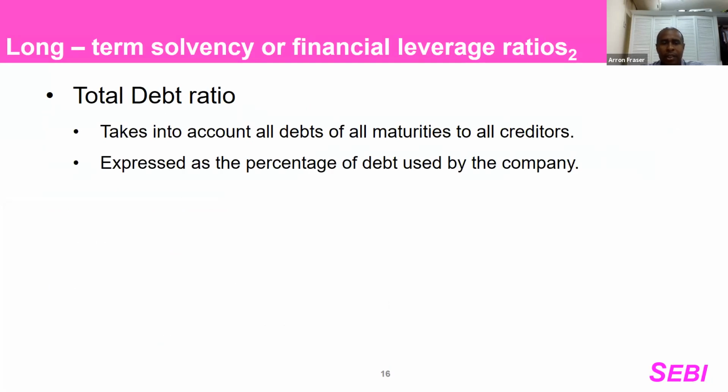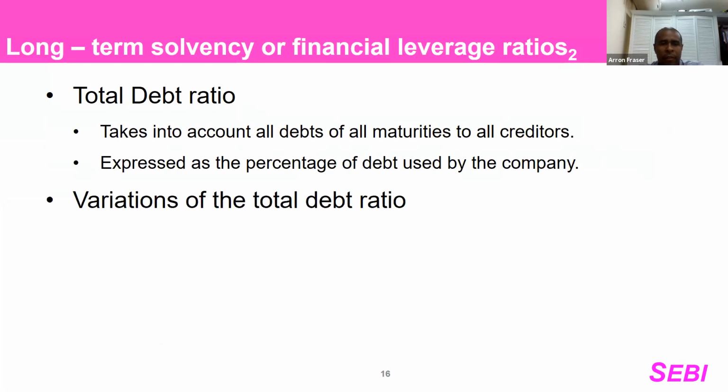So the total debt ratio takes into account all debts, all maturities, to all creditors. So these are both long-term and short-term creditors, and it is expressed as a percentage of debt used by the company. There are a couple of variations of the total debt ratio. We have debt to equity, which looks at total debt upon total equity.